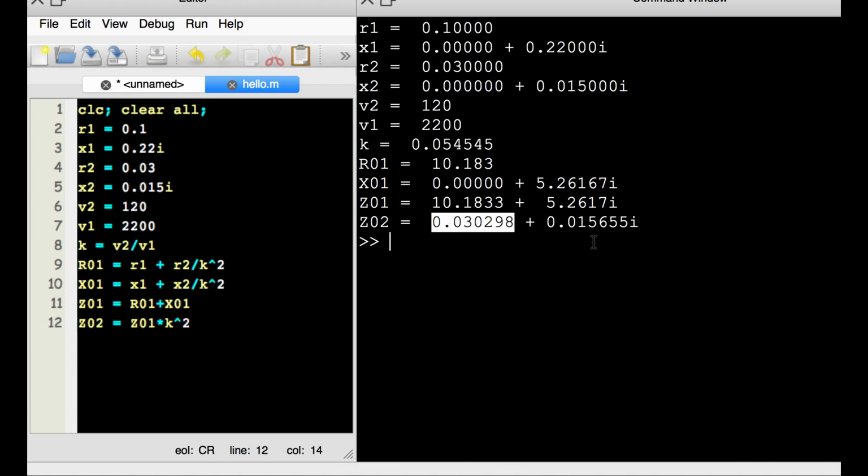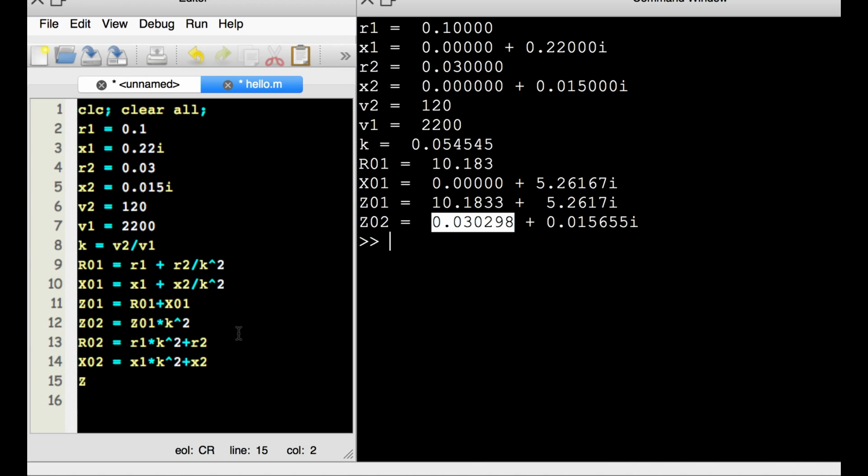Now the alternate way of doing this is to individually find R02, which is nothing but R1 dash, that is R1 into K square plus R2. Next I'll write X02 will be X1 into K square plus X2.